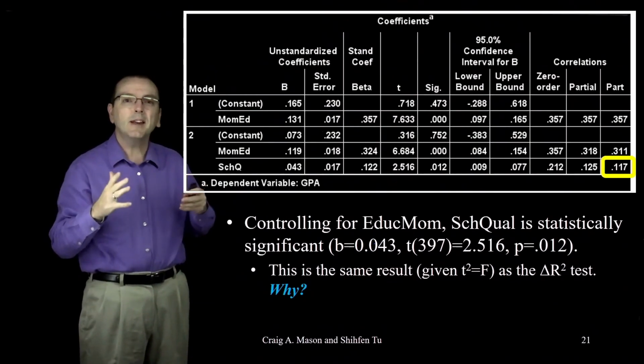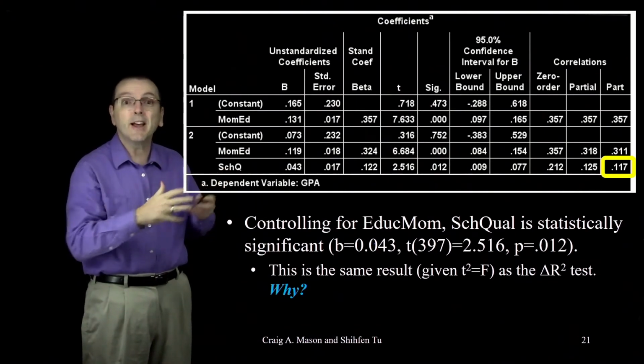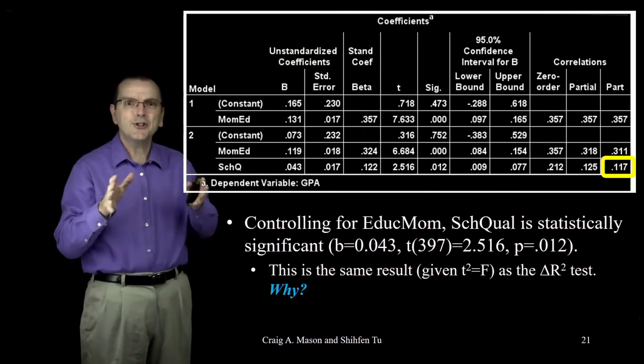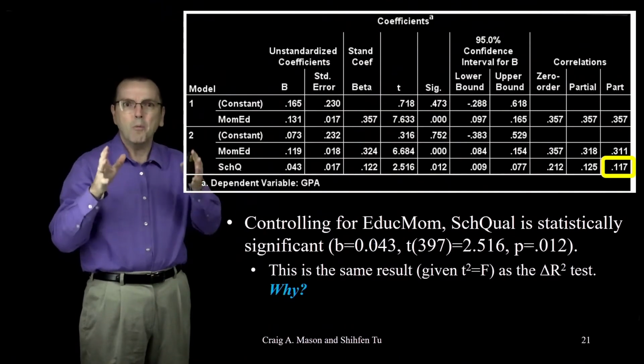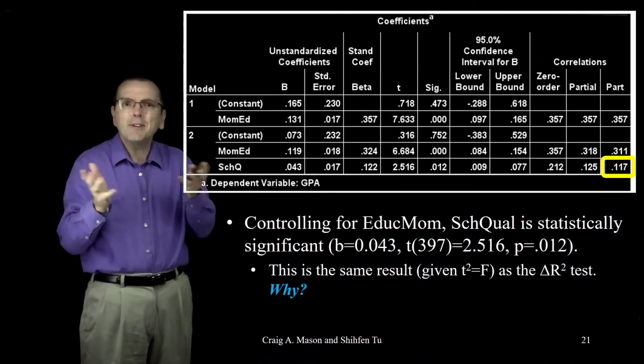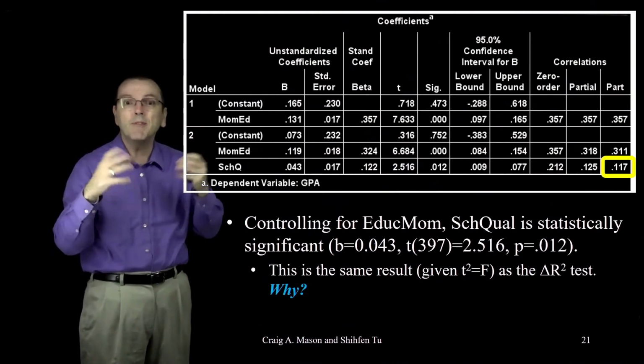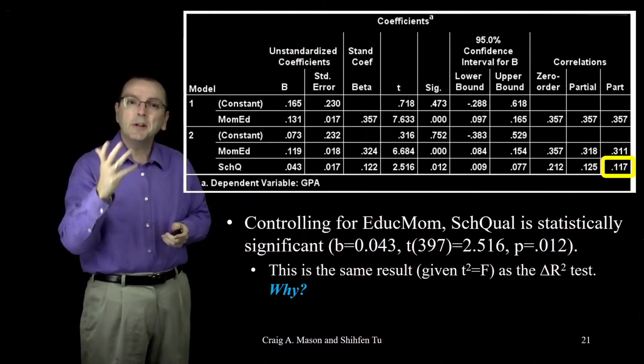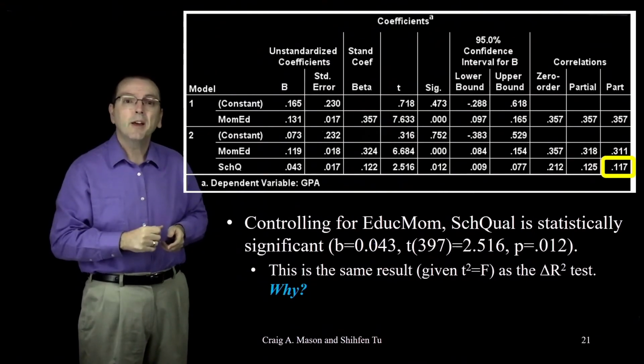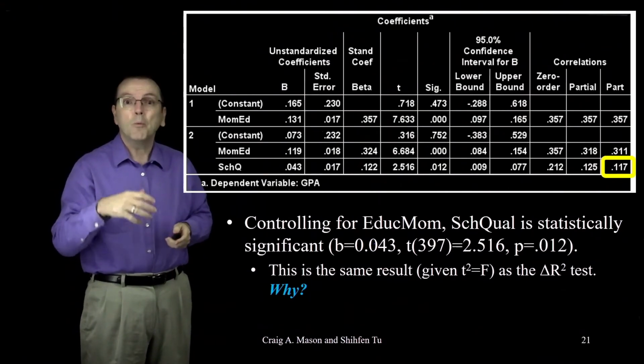Later, we'll see that if we added several variables together as a set, the change in R-squared when that set is added obviously won't be the same as the squared semi-partial for individual variables in the set. But in stepwise multiple regression, variables are only added one at a time.